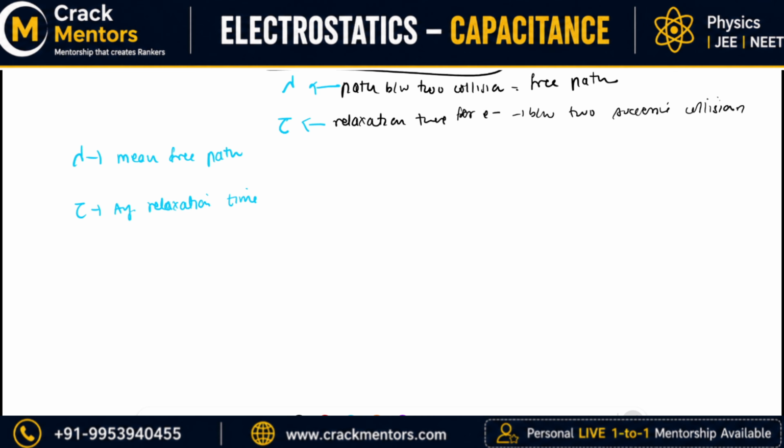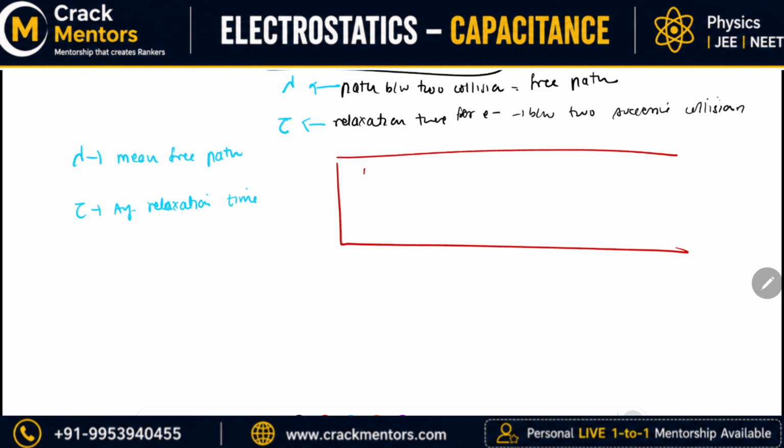Can you let me know how much energy the electron gains between two collisions? This is just a matter of fact. If you want to write it down: energy gain of the electron between two collisions. Since work is equal to charge into delta V, it is equal to QE lambda.